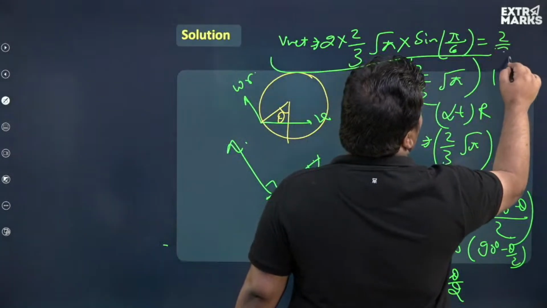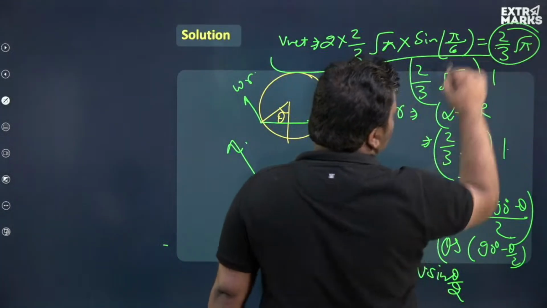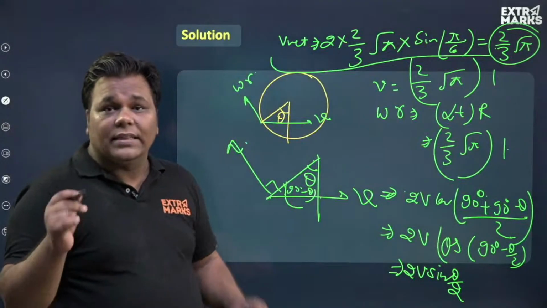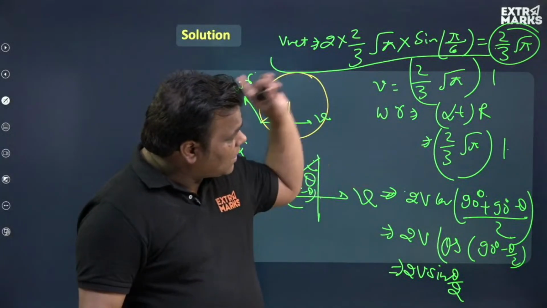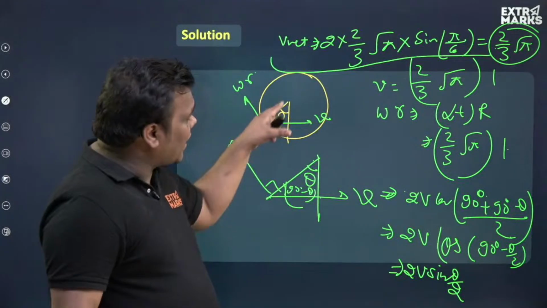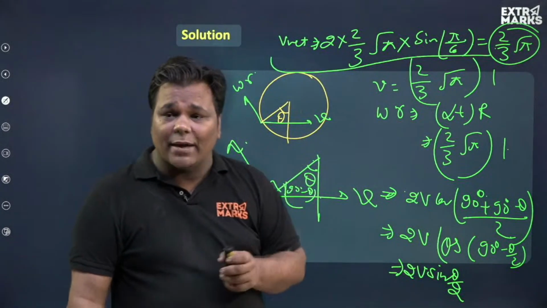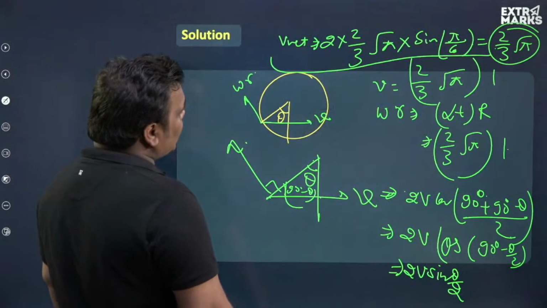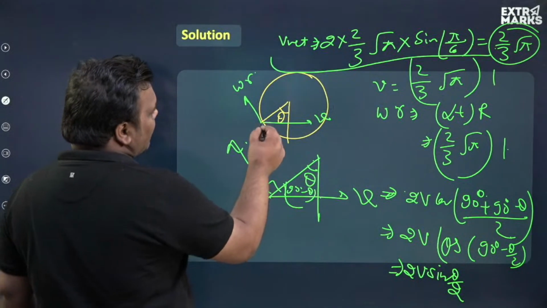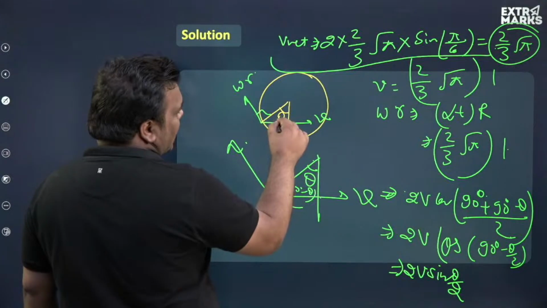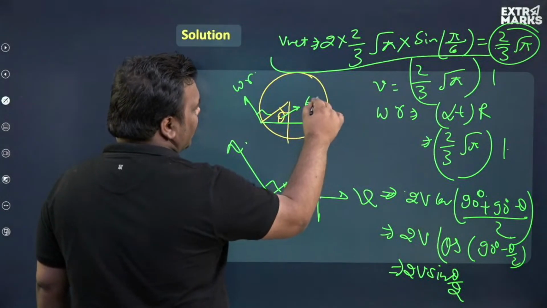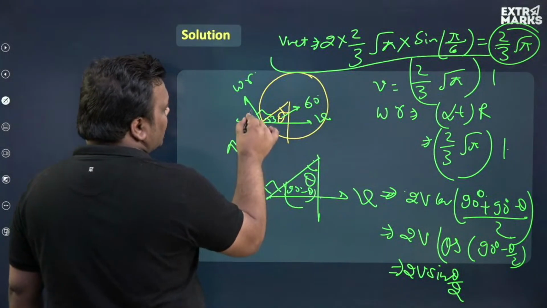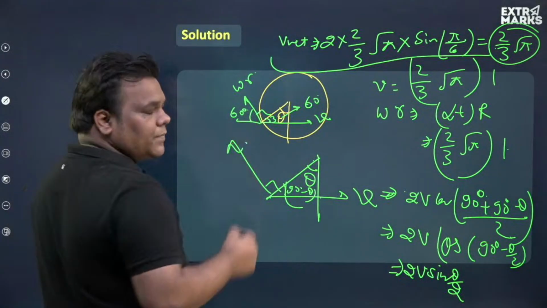It will be 2 by 3 root pi. That means the velocity with which v and omega r are both the same, and the angle between them is 120 degrees, right? Now, how can we calculate further? You know that theta is equal to 60 degrees, this is 30, so this is also 60 degrees.